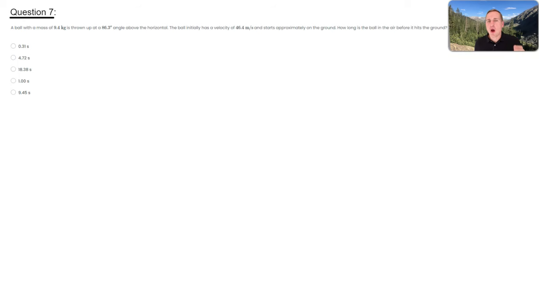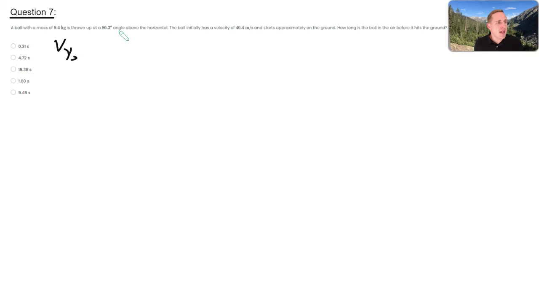The final y velocity is not so important. It's just going to be the opposite of the initial y velocity. We know what the total displacement is going to be. That's going to be 0. And we also know that the time is what we're looking for, and we know what the acceleration is. It's negative g.